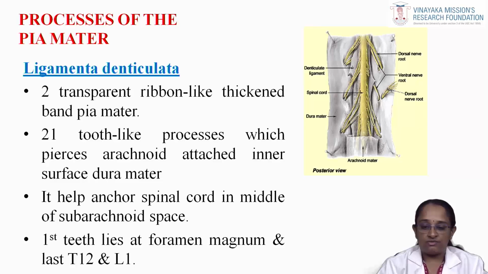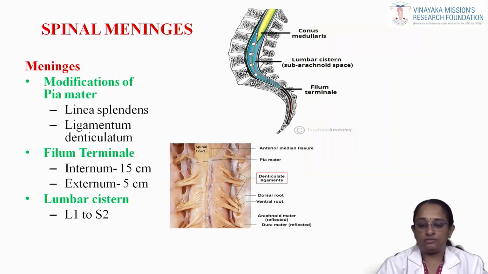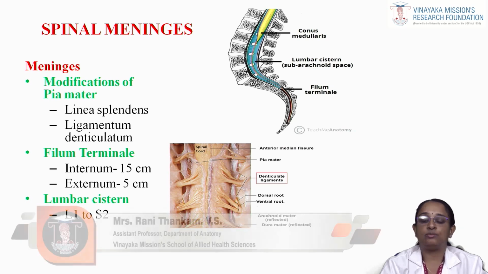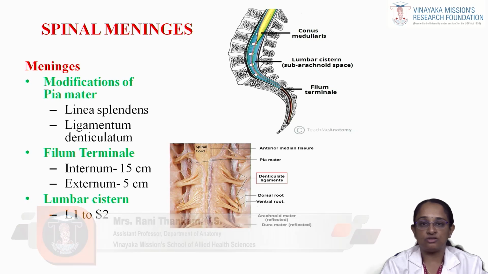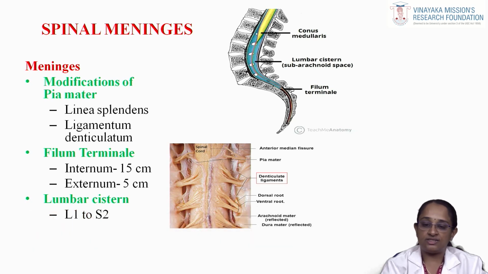Next one is filum terminale. Here in this picture you can see the conus medullaris at the level of L1. From below you can see filum terminale up to the first coccygeal vertebra. There are 4 coccygeal vertebrae, but filum terminale extends up to the first coccygeal vertebra.